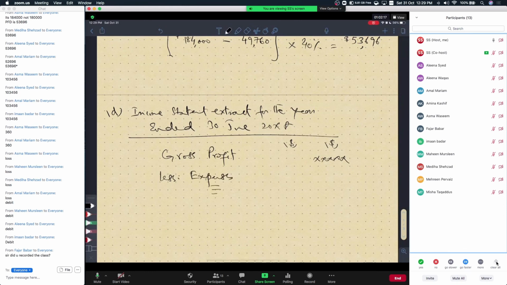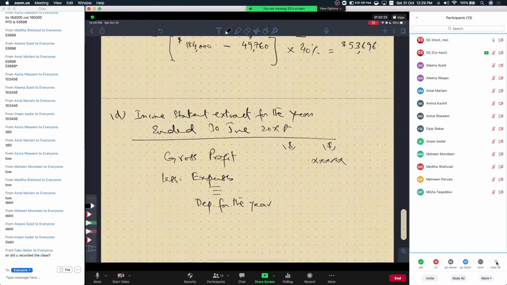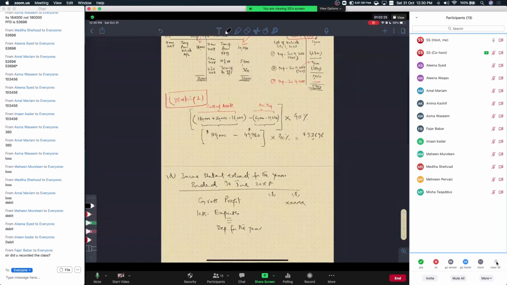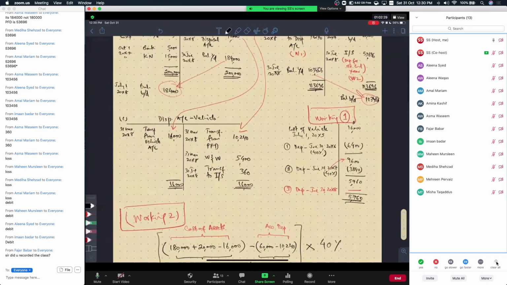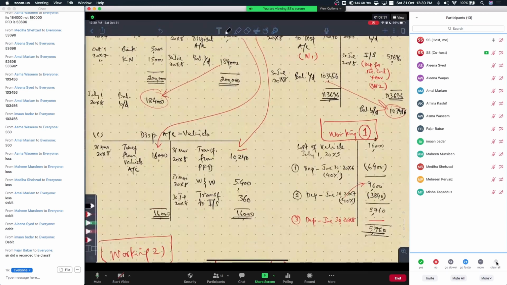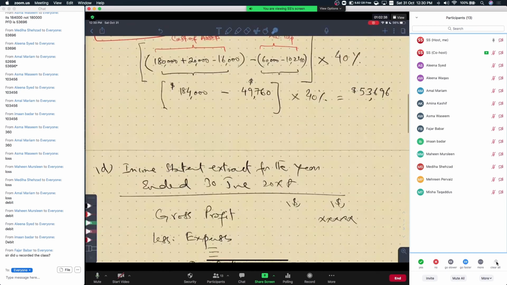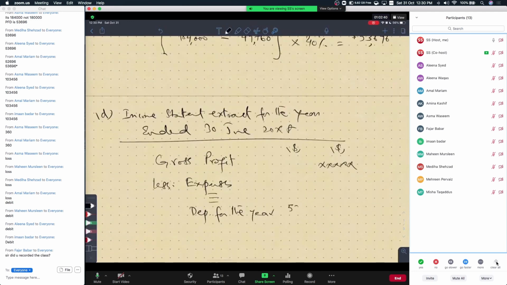And in the expenses list, you are going to show depreciation for the year, which is this value here, 53,696, right? So this value is our current year's depreciation. So we are going to show it here as an expense.